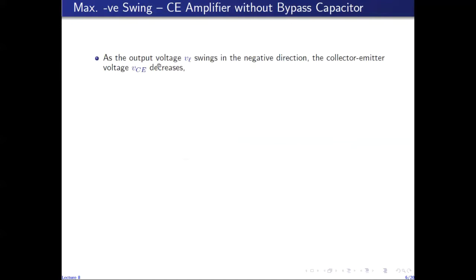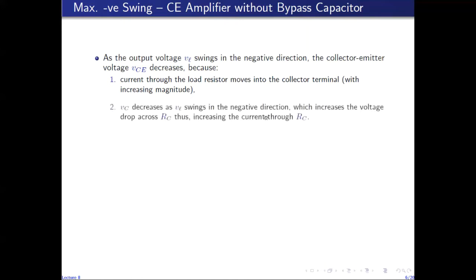Similarly, we observe that as VL swings in the negative direction, the collector to emitter voltage decreases. Why? First of all, as VL swings in the negative direction, the current through the load resistor switches its direction because VL is negative now. It moves up from the ground through RL into the collector terminal with increasing magnitude. As VL increases in the negative direction, this opposite current increases in magnitude.